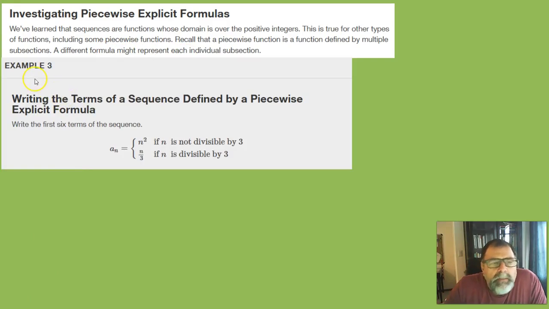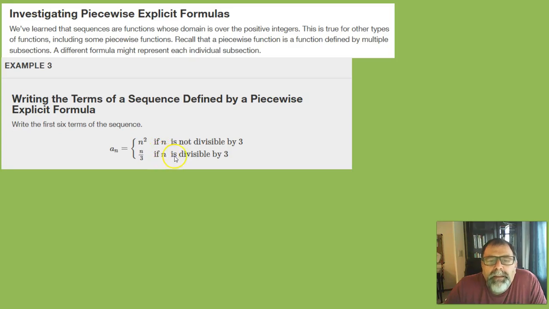Taking a look at example 3: write the terms of a sequence defined by a piecewise explicit formula. Write the first 6 terms of the sequence. We have 2 different explicit formulas for the terms, depending on the condition. If n is not divisible by 3, we're going to use n squared.